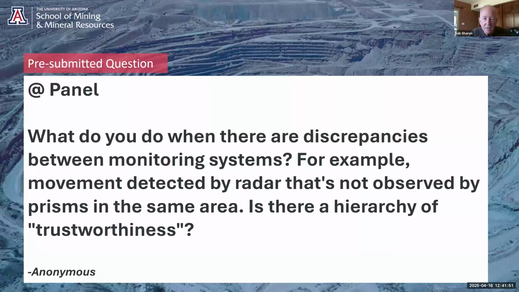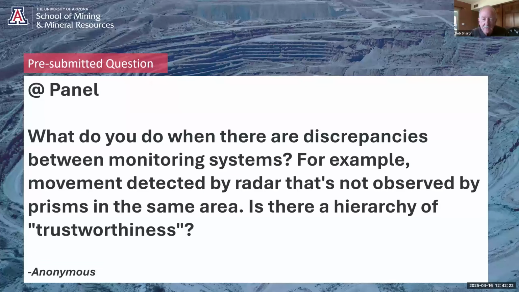If you have radar and prisms on a slope and both of them are telling you the same thing, then you have data validation. They monitor similar things, but because of the capabilities and limitations of prisms versus ground-based radar, it helps us validate that something real is happening.